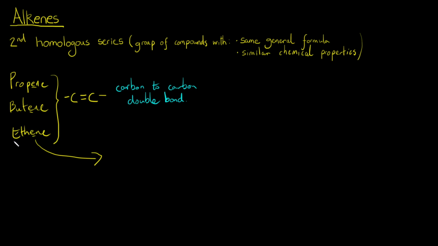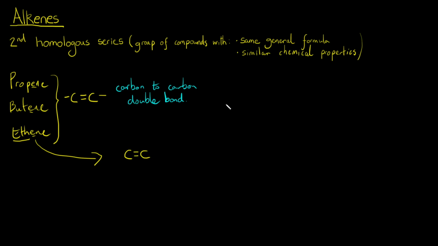Now we should know from the prefix eth that this has two carbons in it. Our last three letters are not A-N-E, so it's not an alkane. This time it is E-N-E, so it's an alkene. And that tells us that we've got what? Well, we've got this carbon to carbon double bond. So let's pop that in between these two carbons.